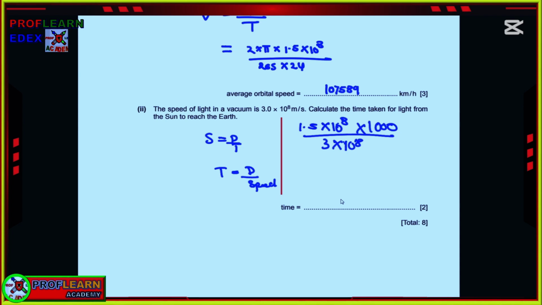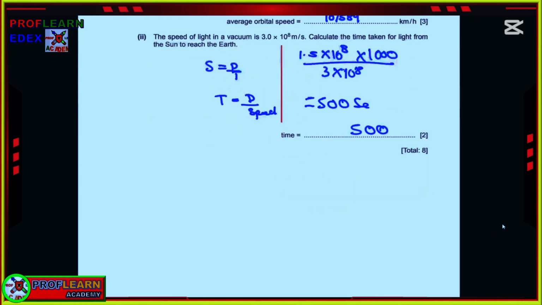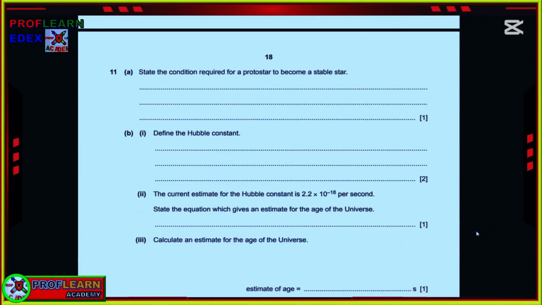Average distance is 1.5 times 10 raised to power 8 kilometers. So we have to convert that to meters by multiplying by 1,000, then divide by the speed, and the time taken is actually 500 seconds.